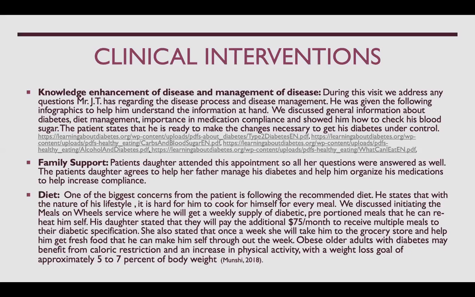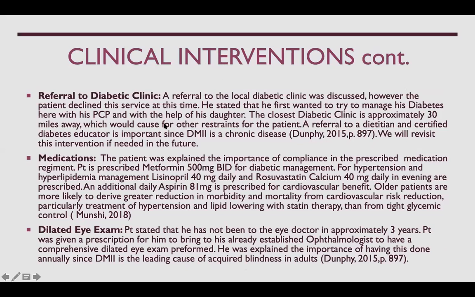Obese older adults with diabetes may benefit from caloric restriction and increase in physical activity, with a weight loss goal of approximately 5 to 7% of his body weight. So these are all things that we definitely did discuss during this visit. We tried to refer him to a diabetic clinic, but it was about 30 miles away from the local doctor's office, so he was not interested in that at all.